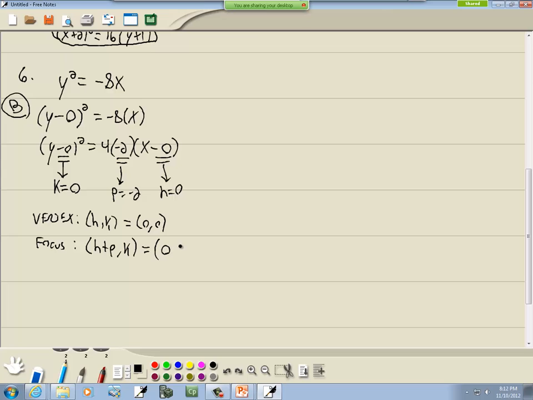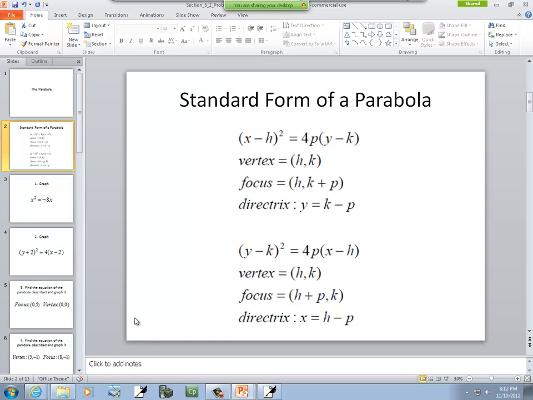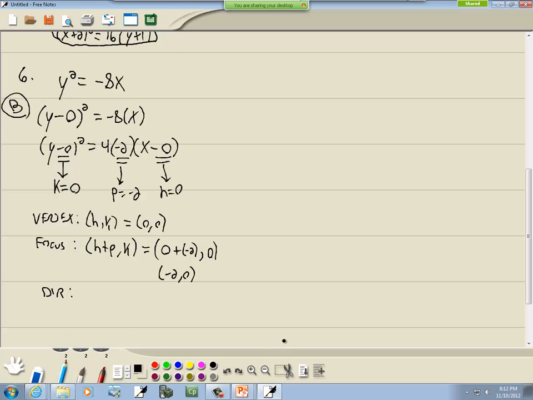Well, h we said was 0 plus p, which is -2, comma k, which is 0. So we're going to have -2, 0. And our directrix is x equals h minus p. So h is 0 minus p, which was -2. So we got negative negative, which gives us a +2. Those are our vertex, focus, and directrix.